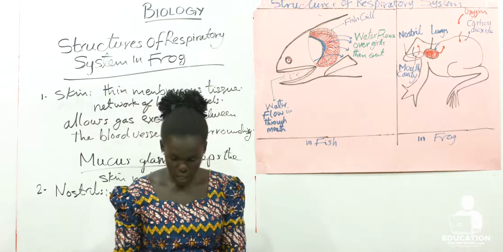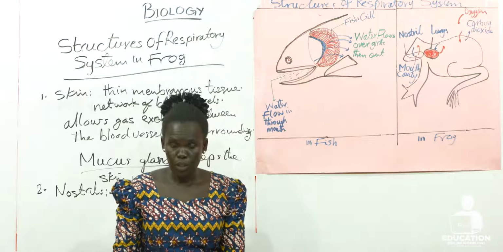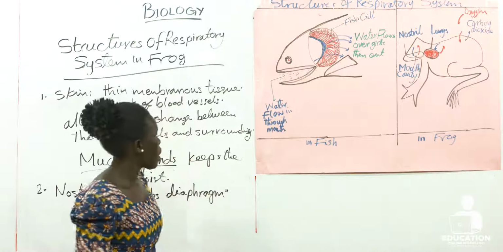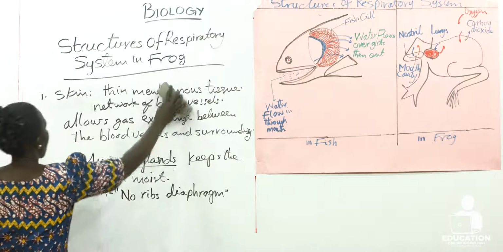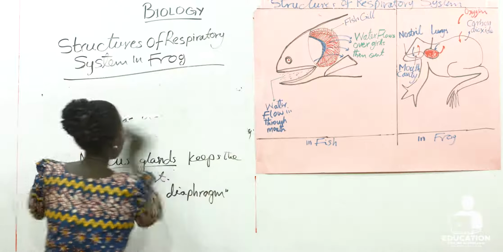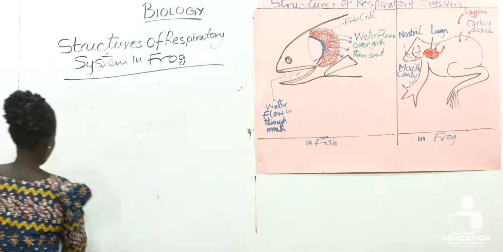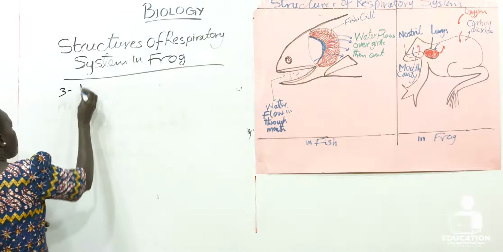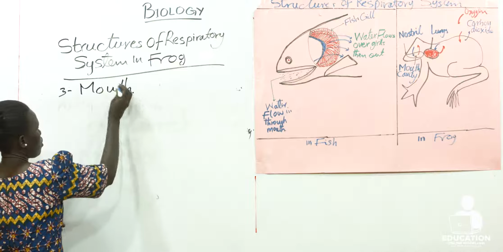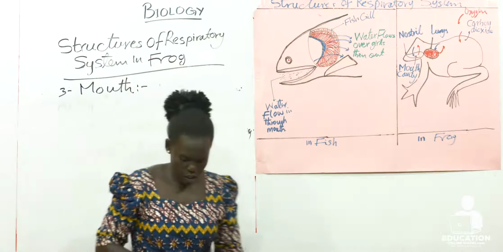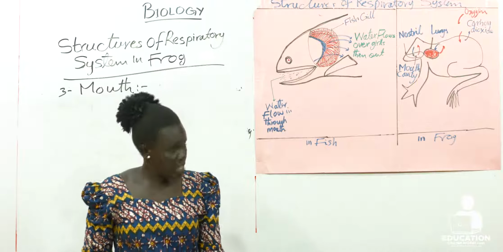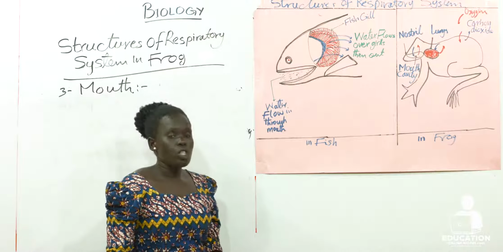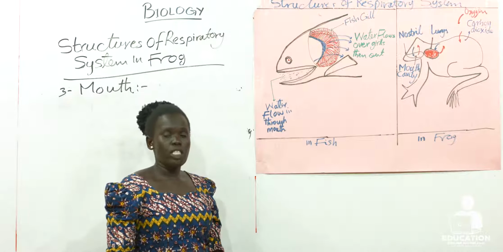Let's come to see the third structure of the respiratory system in frog, the mouth. Number 3 is the mouth. The mouth serves as another respiratory surface because it contains a lining.